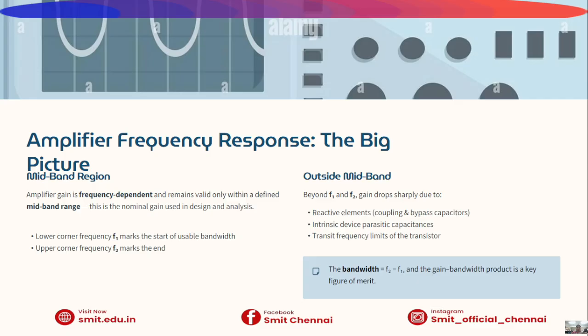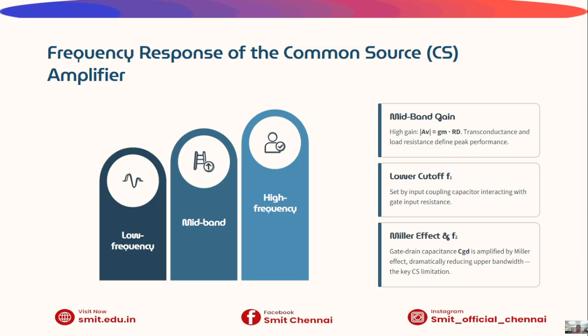The upper cutoff frequency, represented by F2, marks the end of this range. Outside these limits, the gain decreases due to coupling capacitors, bypass capacitors, parasitic capacitances, and transistor limitations. The difference between F2 and F1 is called the bandwidth of the amplifier. Bandwidth is one of the most important specifications in amplifier design.